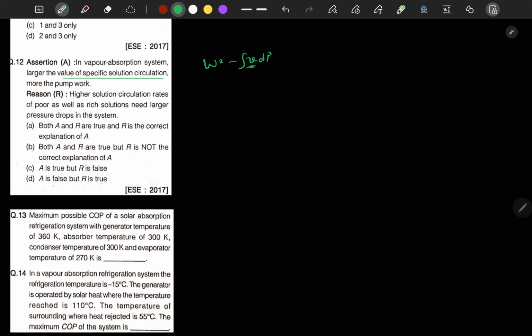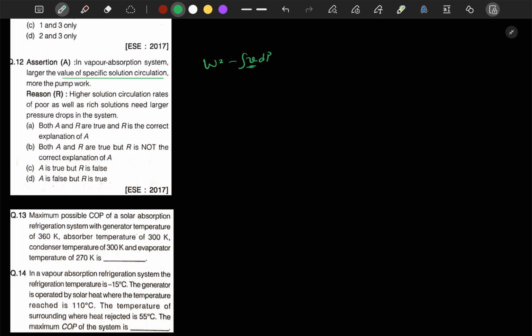The higher solution circulation rates of poor as well as rich solution need larger pressure drop. Higher solution circulation rate of poor as well as rich solution needs larger pressure drop in the system.